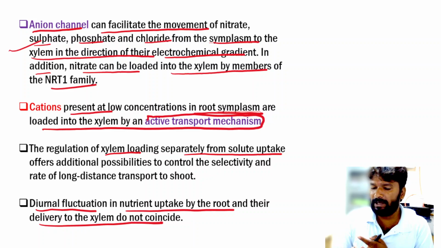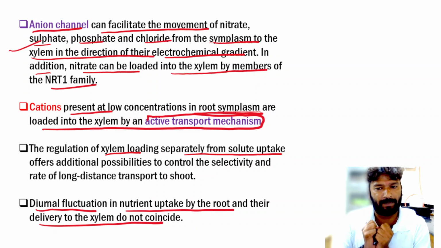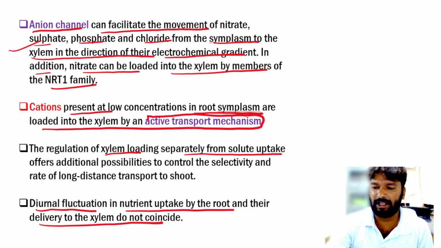At two places, mainly the plasma membrane and the xylem loading, transporters are involved. In the radial transport of nutrients, there is involvement of the symplastic and apoplastic pathways. So this is about the short distance nutrient transport pathway. Hope you understand. Thank you very much.